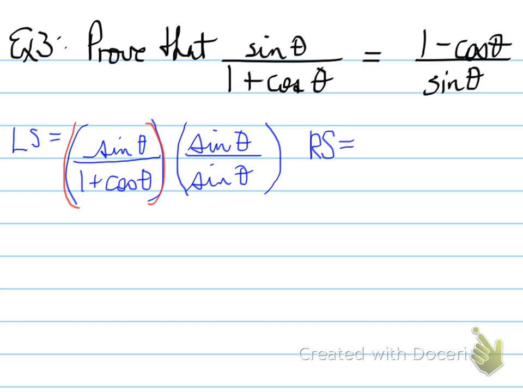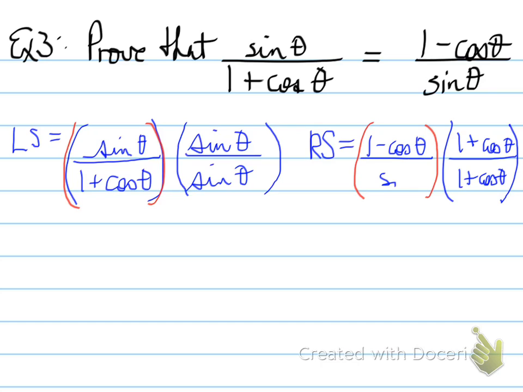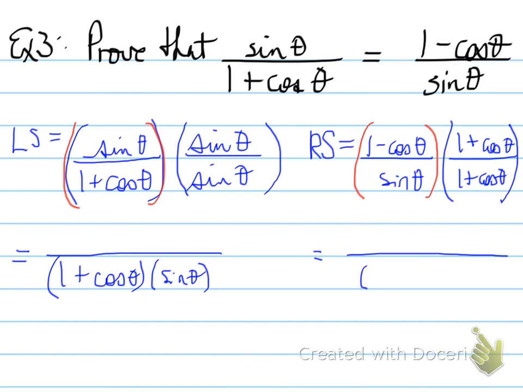But this time, our magic 1 is going to be the denominator of the other side. So 1 minus cos theta over sine theta is going to be multiplied by 1 plus cos theta over 1 plus cos theta. Remember that I said 1 can be anything, such that the numerator and the denominator have the same value. So I can take the numerator, 1 minus cos theta, and multiply it by 1 plus cos theta. And that will give us the following denominator on both sides.